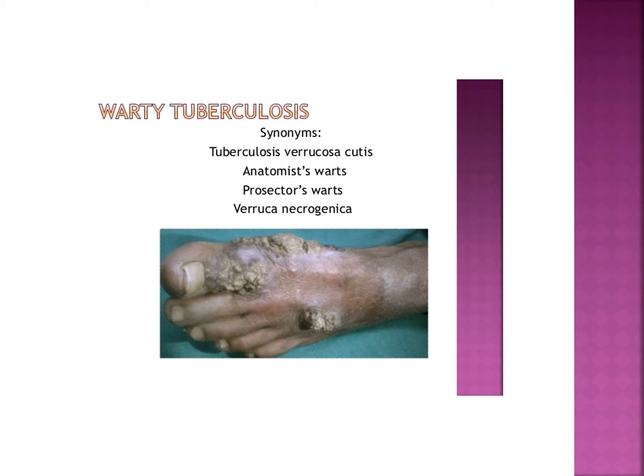So it's also simply called warty tuberculosis because morphologically it looks like a viral wart, but it is larger in size, and we'll discuss the characteristics of this warty tuberculosis. Other names given to it, especially commonly used, are tuberculosis verrucosa cutis, and some say anatomist's warts, because they usually get these sorts of warts on the hands. So these are a few of the synonyms.